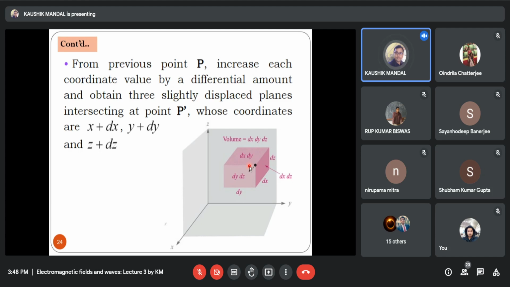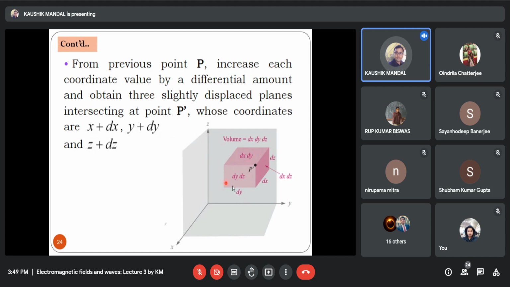What will be the corresponding value of the new point P dash? Actually, P is at the other end, which is not visible in this figure. P dash is the extended point. So the coordinates of P dash become x plus dx, y plus dy, and z plus dz.